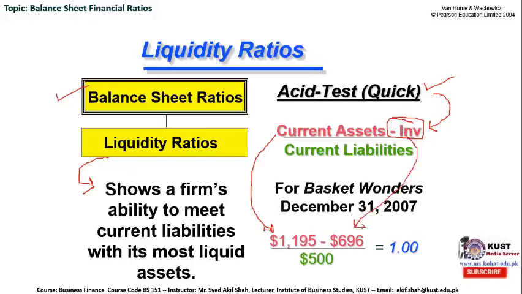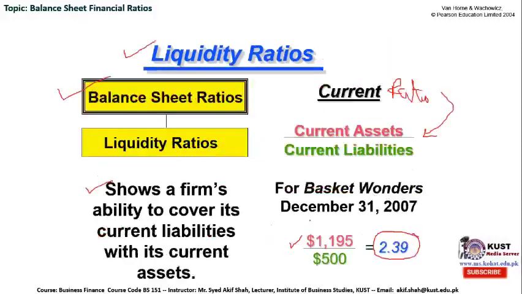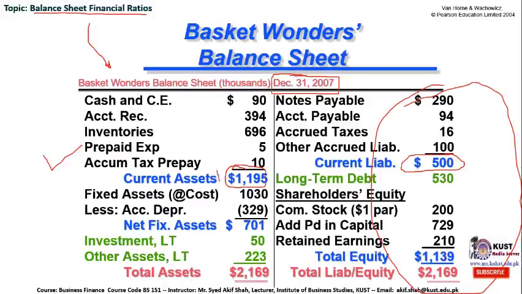Let's counter-check whether we have plugged this data in correctly or not. So we have realized that we have correctly selected the current asset data as well as the inventory data from the balance sheet. Current assets minus inventory, and then the whole divided by current liabilities.